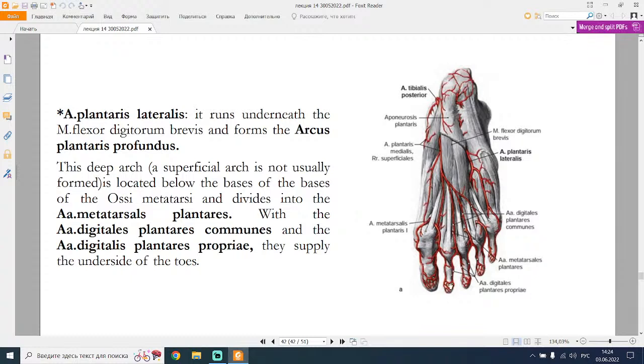They supply the underside of the toes. This is metatarsalis, this is arteria digitalis plantaris communis, this is arteria digitalis plantaris propria. Arteria plantaris medialis, arteria plantaris lateralis.